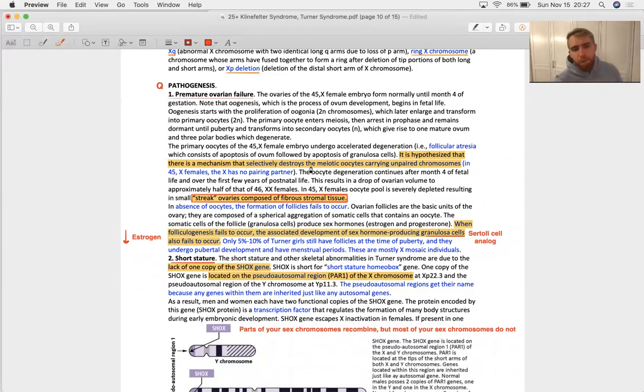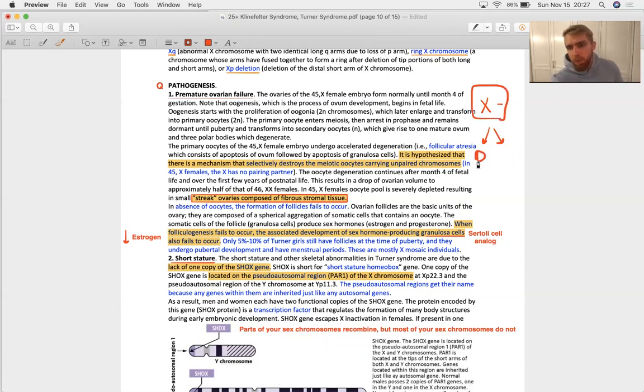So if you have a 45X single X karyotype, what that means is that if you're the 45X patient, when you go to produce germ cells, to produce eggs, through primary oogenesis, you're going to be making a lot of haploid cells that are basically partially empty as a result of you only having one sex chromosome.